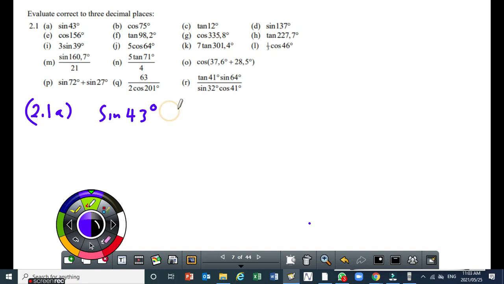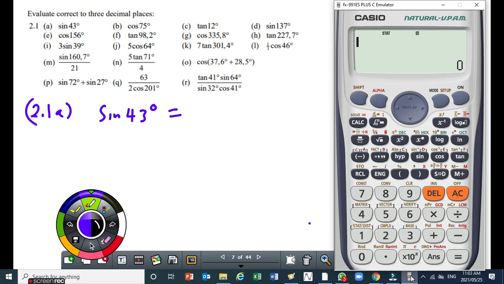I'm just going to write the ratio to two decimal places. So I'll bring my calculator back, then I'll punch here sine 43, right? Then you have to press equals.